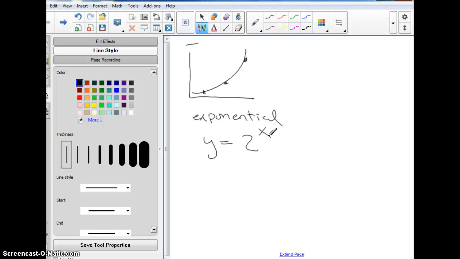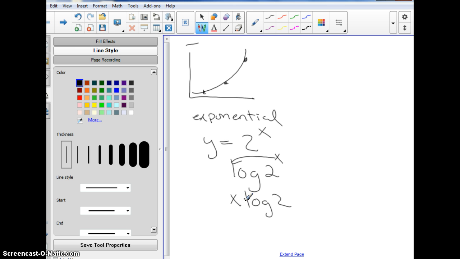To do that, we're going to try to get rid of this variable that's an exponent and make it become linear. One option would be to log our y value, our 2 to the x. If you log 2 to the x, the exponent can come out front, so it turns into x times log 2.